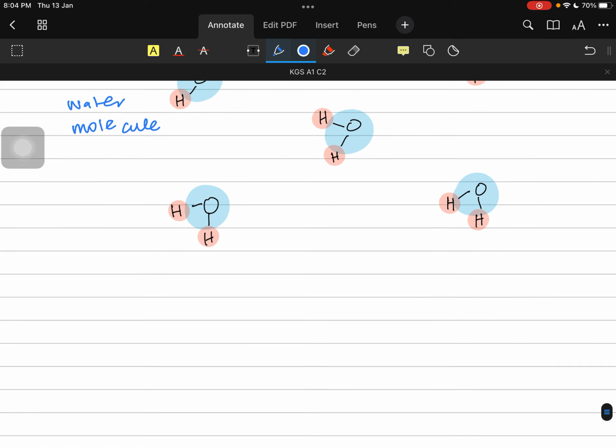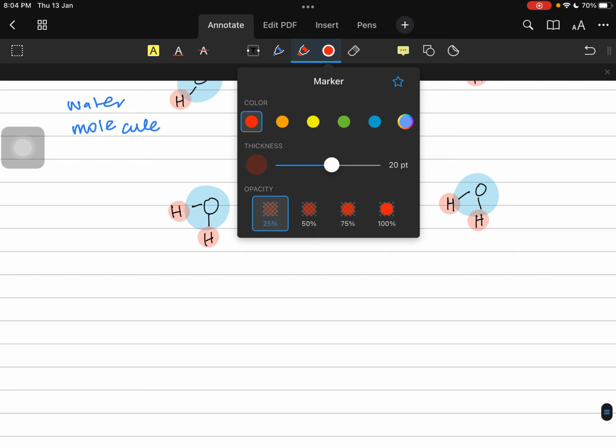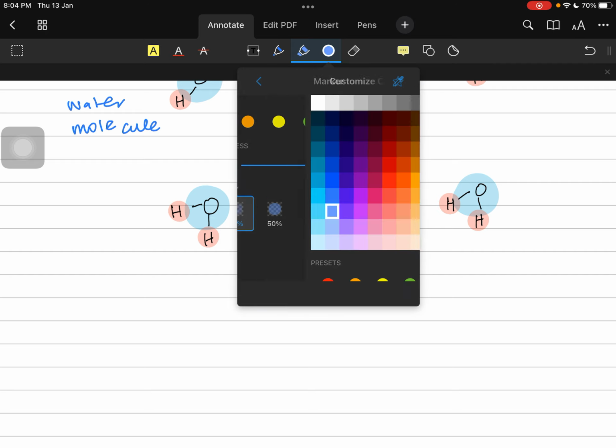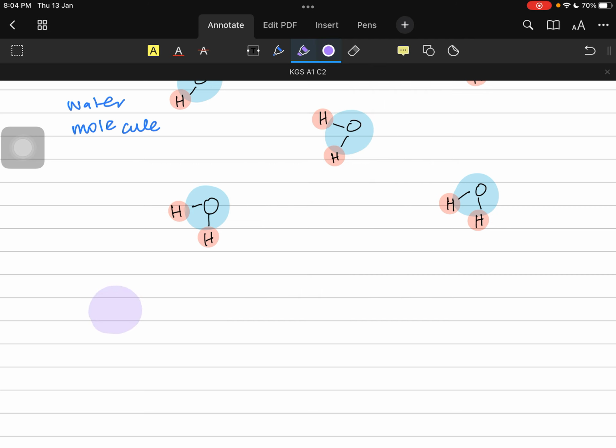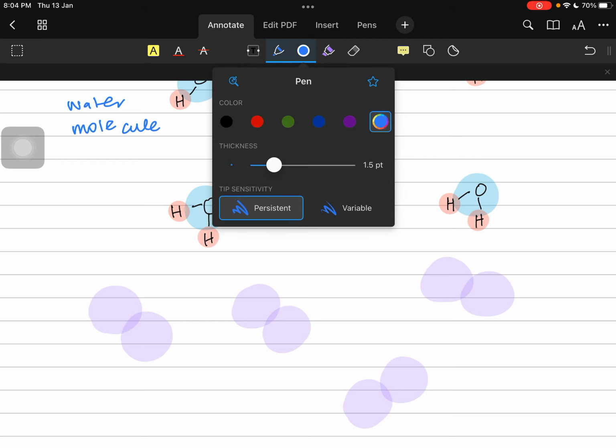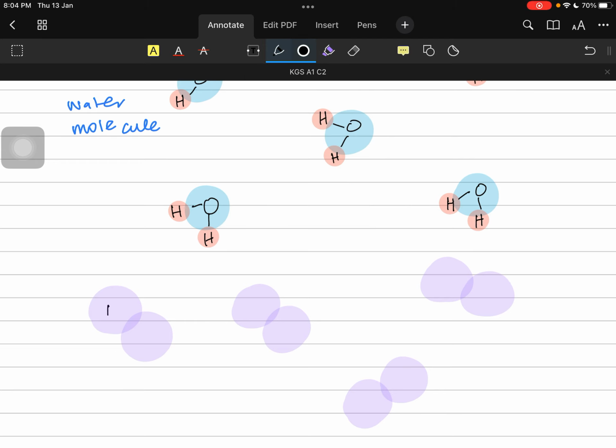Similarly, if I were talking about a nitrogen molecule, which looks like this, each one is a nitrogen atom bonded with another nitrogen atom through 3 covalent bonds.